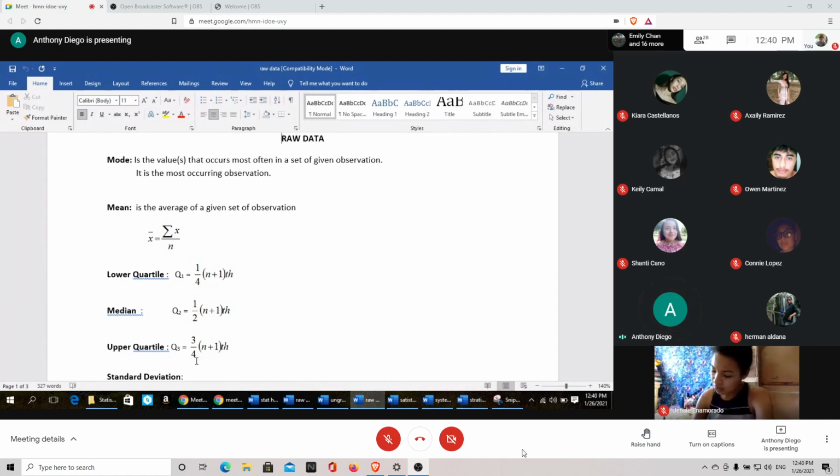So that will be a percentile that we will be looking at, whereby we could find any actual percentage from that distribution. Then we have the standard deviation.